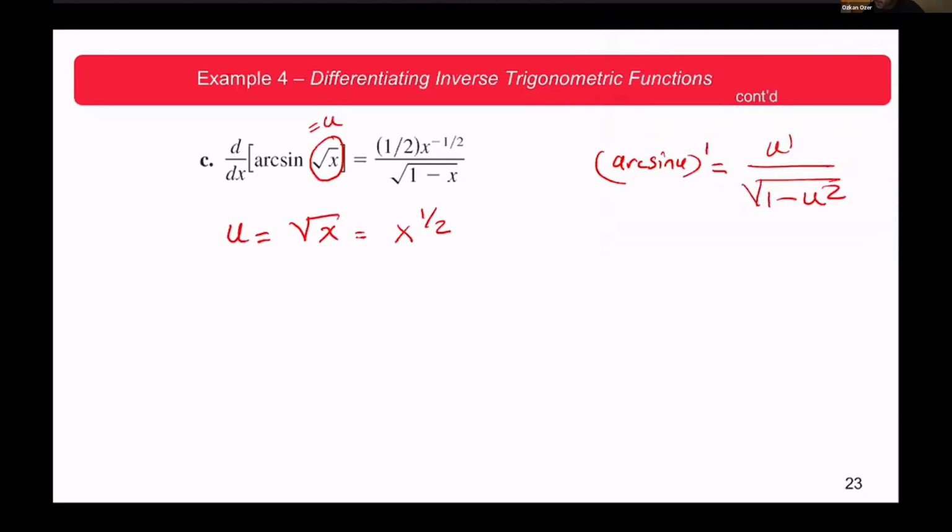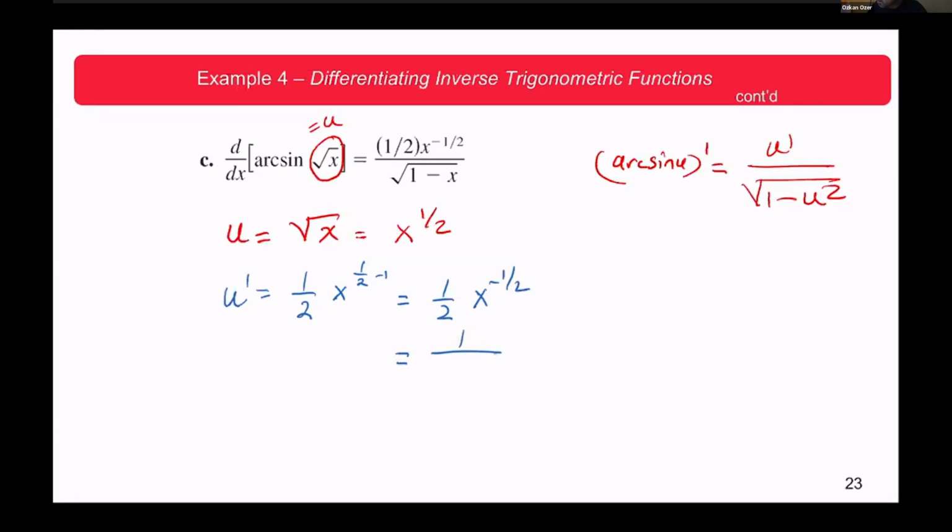Let's first find u prime by using the power rule. It's 1/2 x to the power of 1/2 minus 1. Let's simplify this: 1/2 x to the power of negative 1/2. But remember that we don't really keep negative powers as is, we convert that to the reciprocal.